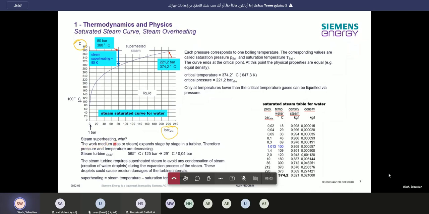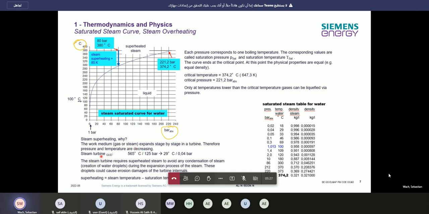So the steam superheating, why are we doing this? The working medium, our gas or steam, expands stage by stage in the turbine, and therefore pressure and temperature decrease. So the pressure through the turbine will decrease, and when the pressure decreases, temperature will also decrease.